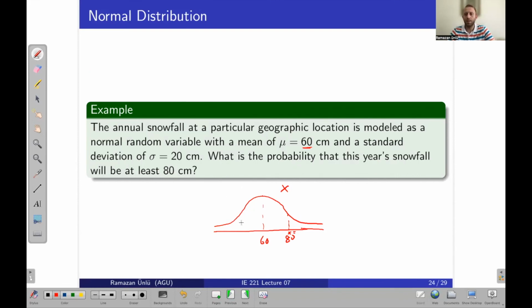That means it will be greater than or equal to 80 centimeters, so this area. X has the normal distribution with parameters 60 and 20, right? What we need is to convert this normal distribution into the standard form.